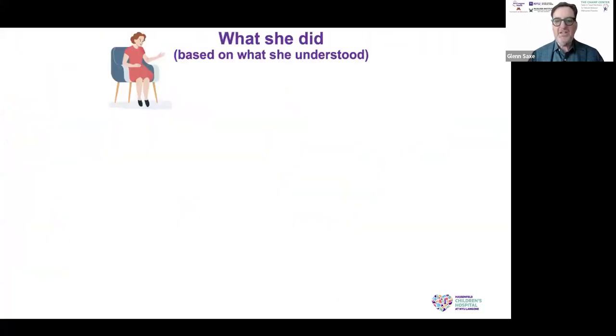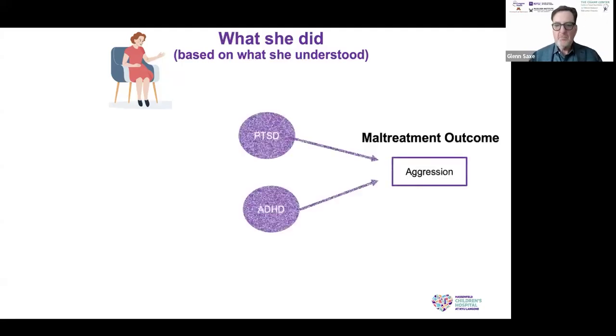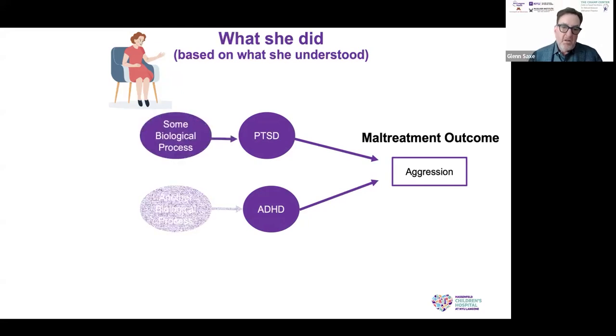So here's what she did, based on what she understood, as I've just talked about. She could organize the data into two diagnoses. Both are related to aggression. We also don't have to think too much, but we'll presume there are some processes that relate to this.